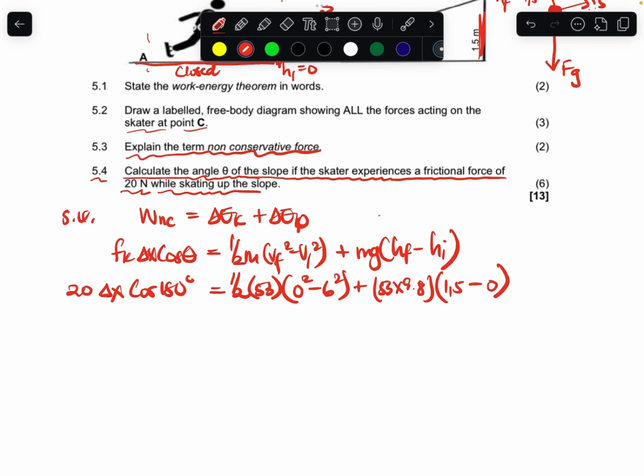Guys, when you do the math here, you punch the entire thing in, you're going to get negative 174.9, and then this is going to be negative 20 change in x, and then you divide by negative 20, so you're going to get 8.745 meters. That's the displacement.